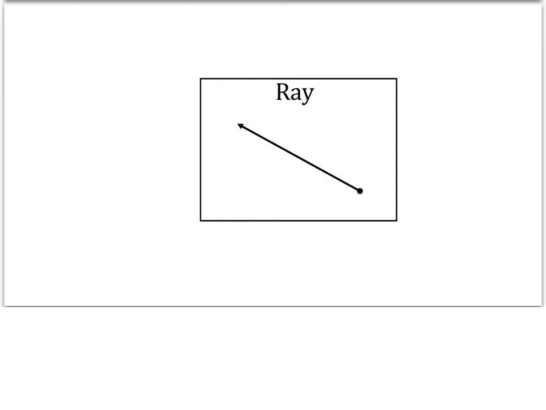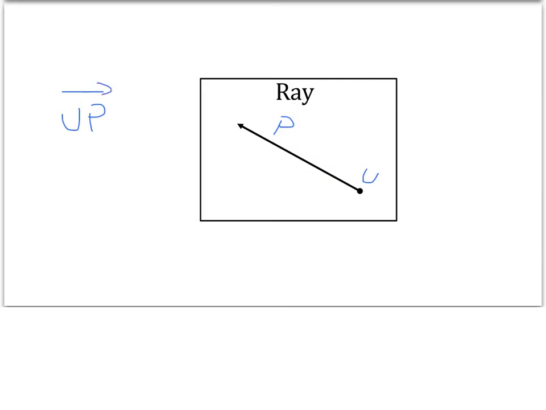When it comes to a ray, let's say for instance this is the endpoint U, and this is P, a point somewhere here. So this ray goes from U to P. Now the way of naming this ray is UP, and this is the symbol for ray.